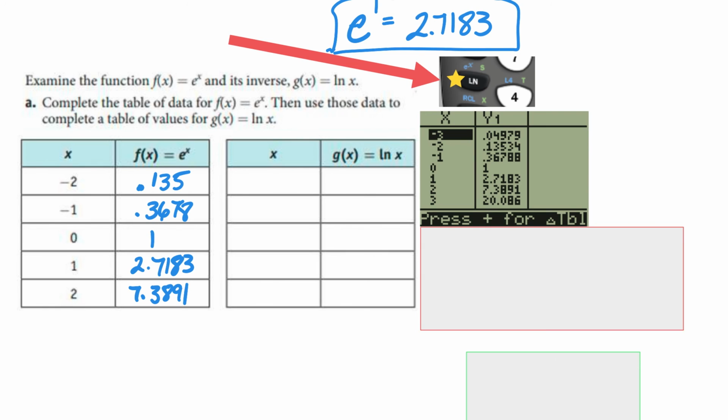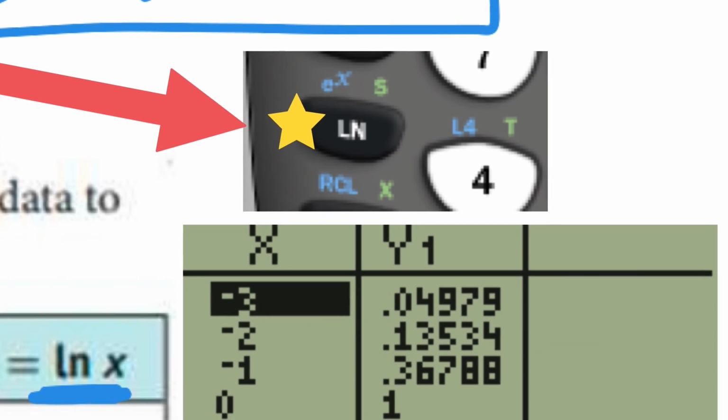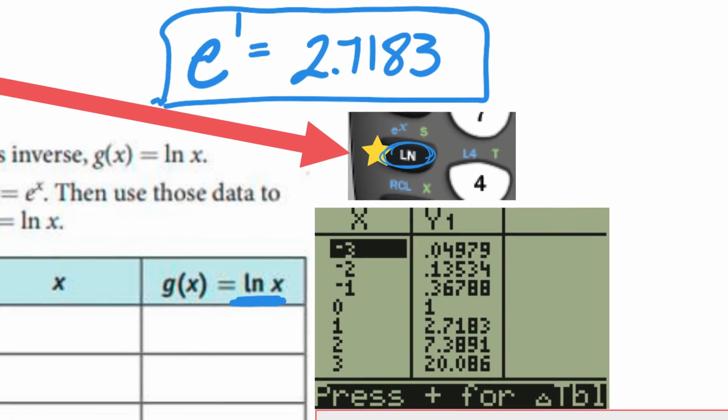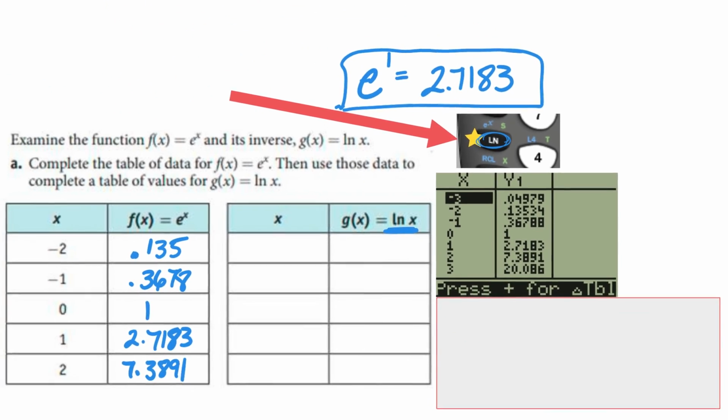One thing I want to point out, we're not doing it today, is ln. That's called natural log. Natural log is the inverse to Euler's number. Here's another thing I want you to notice on your calculator. Anytime you have a function on your calculator, like you see ln here, the second and that button is always the inverse of those things.